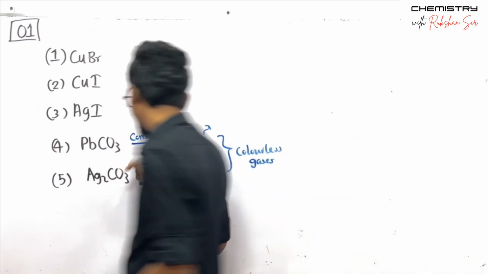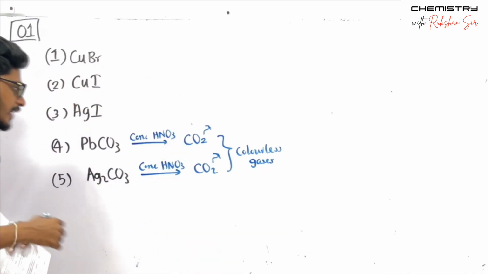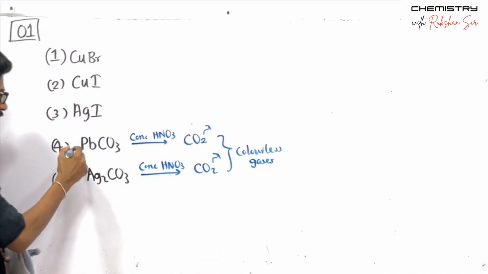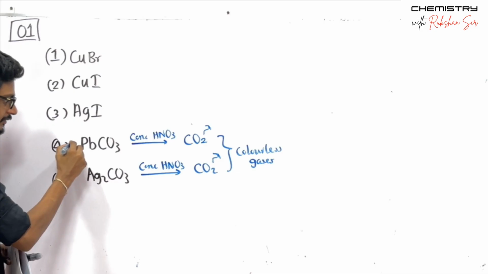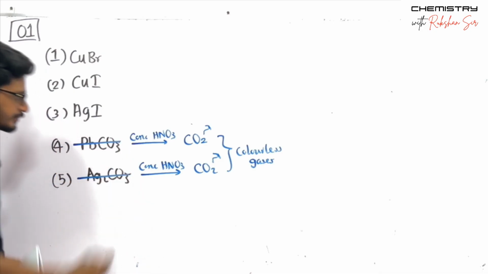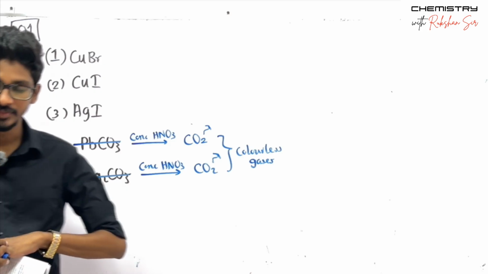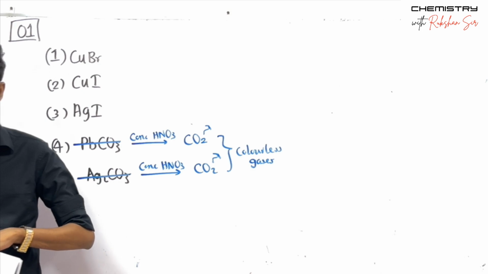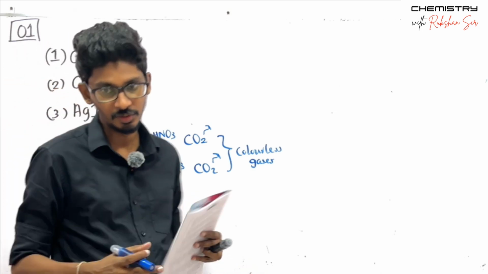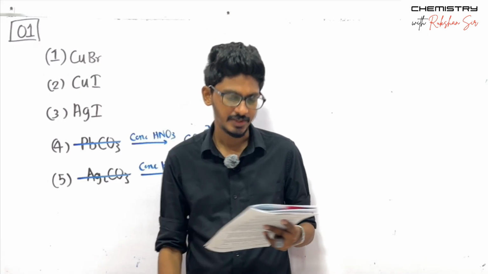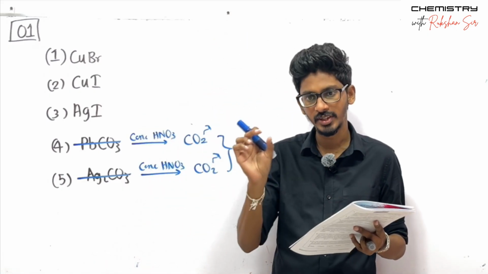So these are not giving you dark colored gases, so these are out. We are eliminating the impossible, then whatever remains is going to be the truth. Let's go through the statements one by one.